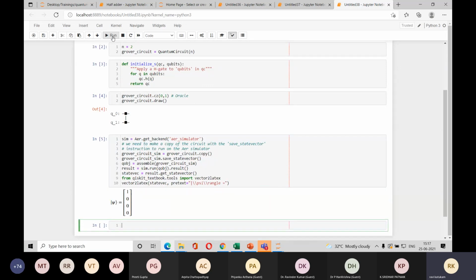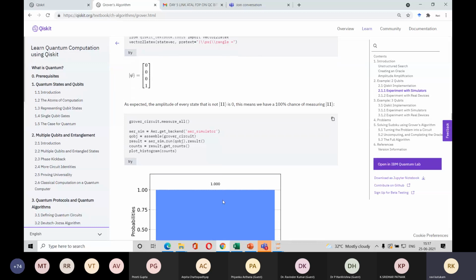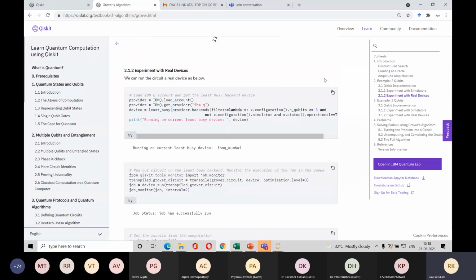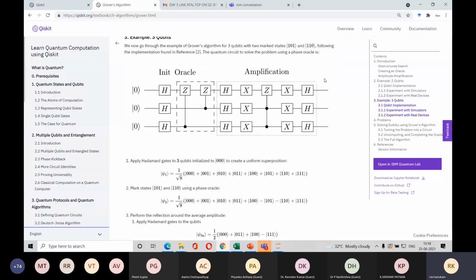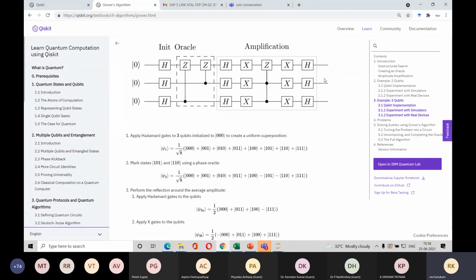You can experiment with more qubits with this entire algorithm and get the results, but I'm not doing that. You can run it on real devices, with a 3 qubit system or 4 qubit system.